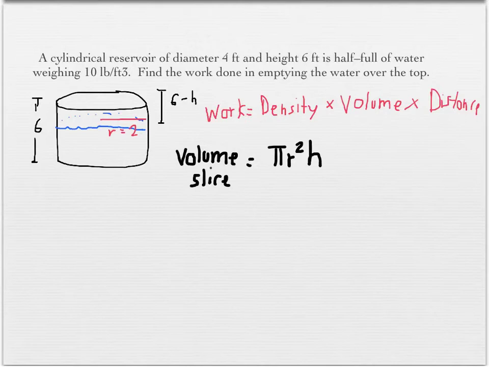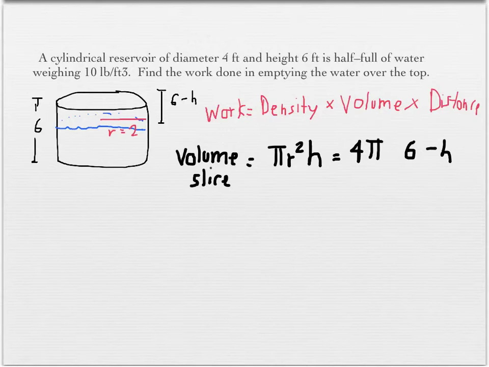In this case, we know that the radius for sure, since this is a cylinder, is going to be 2, and 2 squared is 4, so it's going to be 4 pi. Now the actual height here is something that we don't know exactly, although we're going to label it as this 6 minus h.